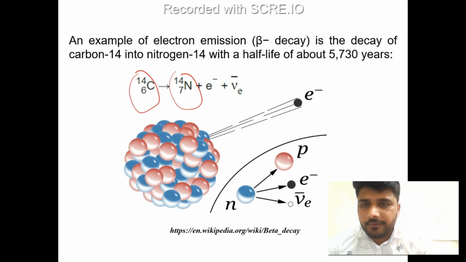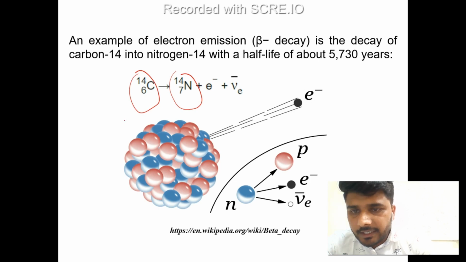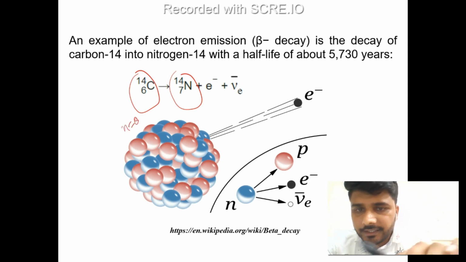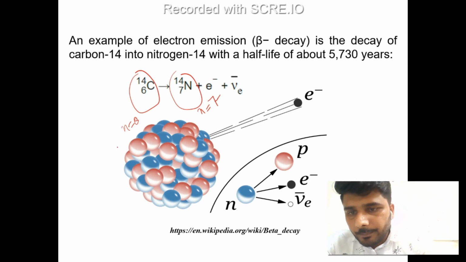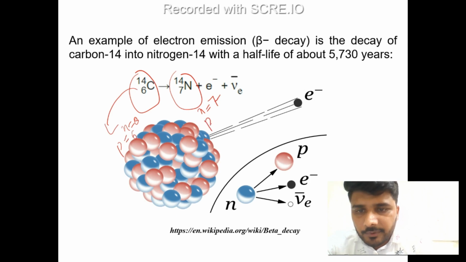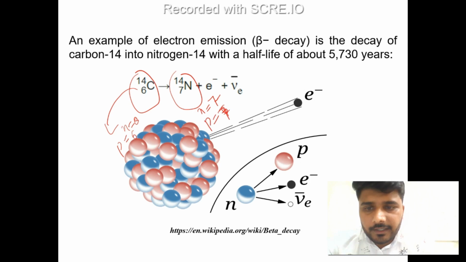So if I calculate here, the number of neutrons is 8, and here it is 7. And protons in this case is 6, and in this case proton is 7. So one proton is increasing here, and one neutron is decreasing.